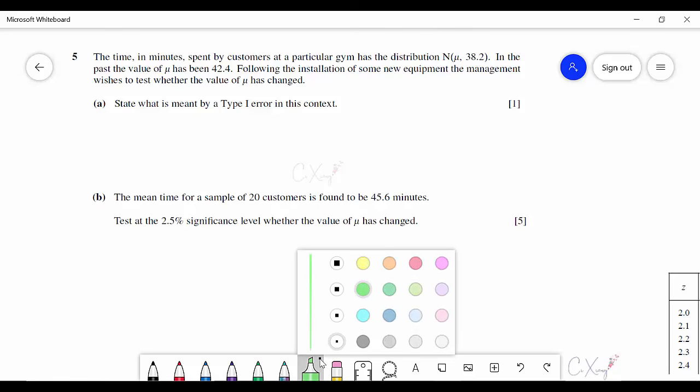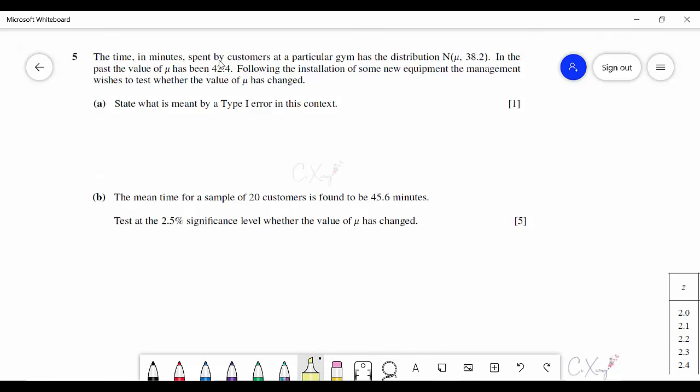Okay, so now we come to question number 5. They are talking about the time in minutes spent by customers at a particular gym having this distribution. Again, this is important, so I highlight it: it is normally distributed. Then in the past, the value of mu has been 42.4. So this is originally the value for mu.